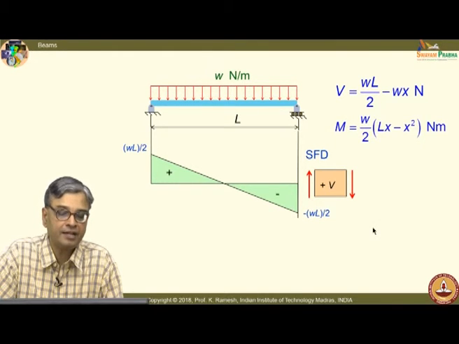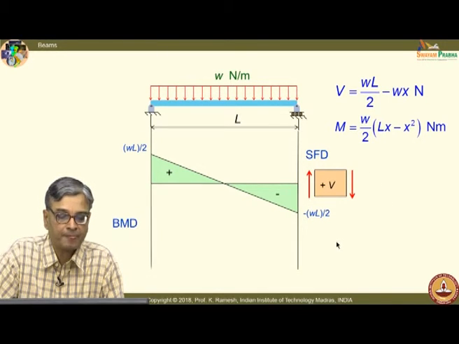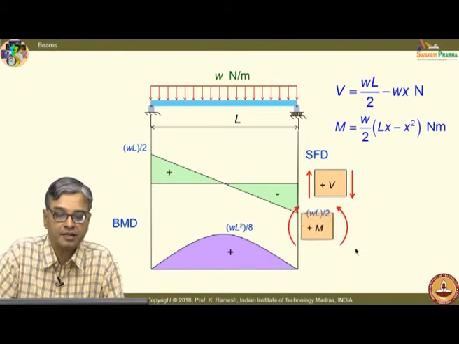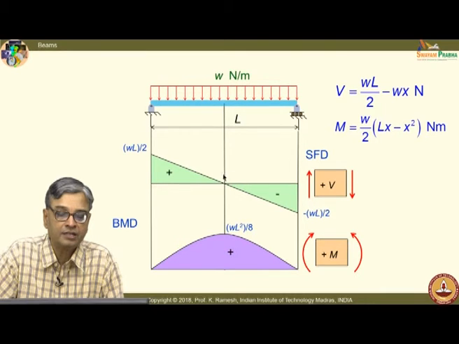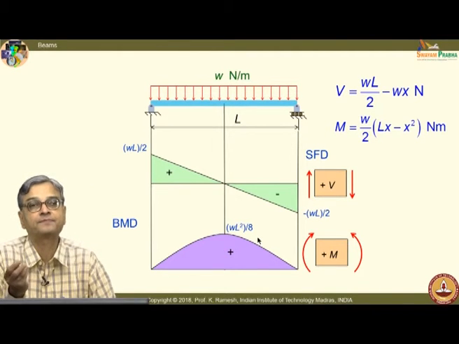Then I have the bending moment. It is a second degree curve. When I plot it, the variation is like this, and I get the peak value as WL squared by 8. This is the sign convention for bending moment. When I draw the line through the shear force at 0, I find that I have the maximum value of the bending moment.